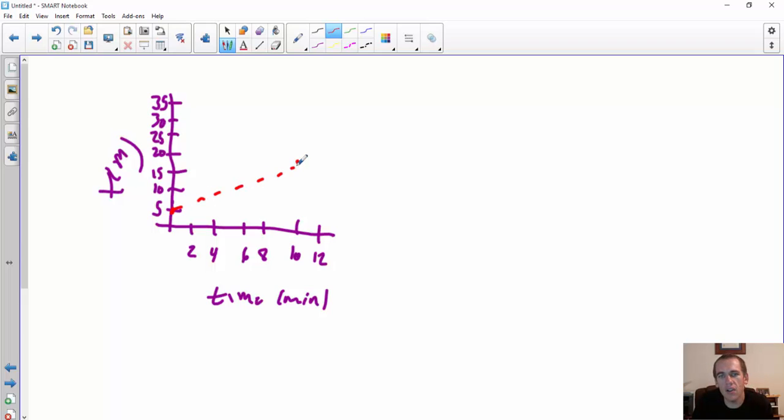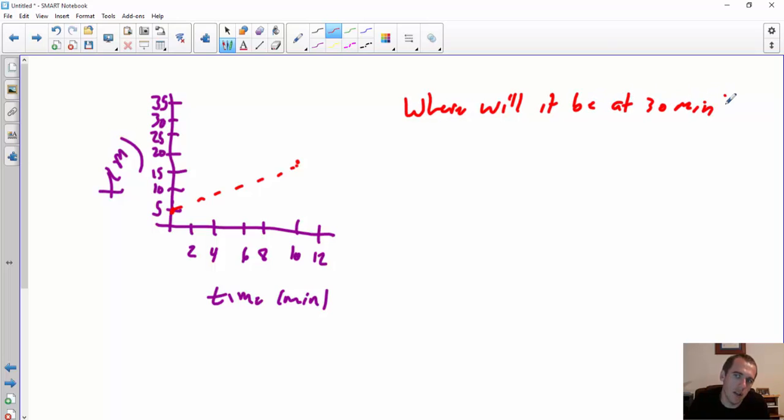I want to know, where's this thing going to be at 30 minutes? What I'm really asking then is what its final position is going to be. So I want xf. Well, let's look at our graph and see if we can figure that out.